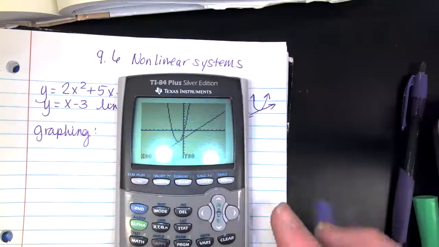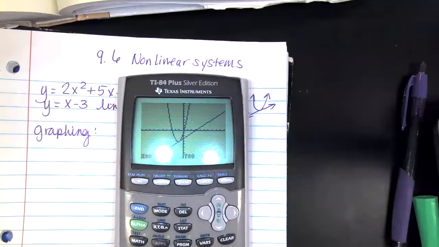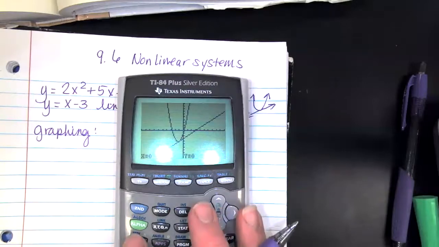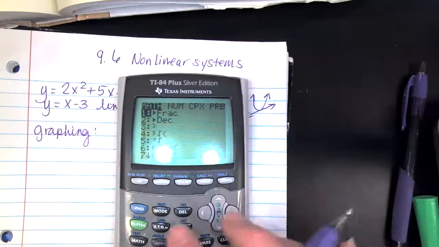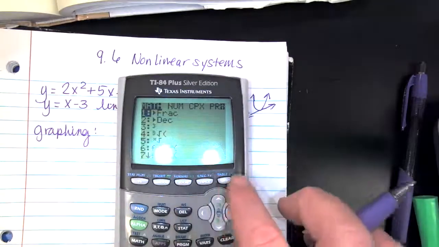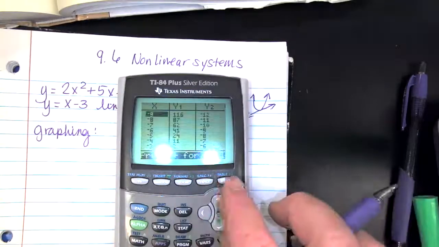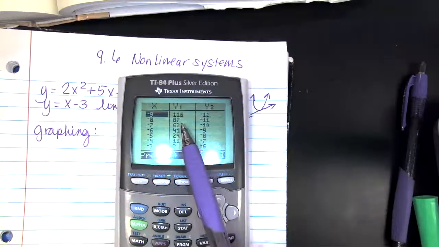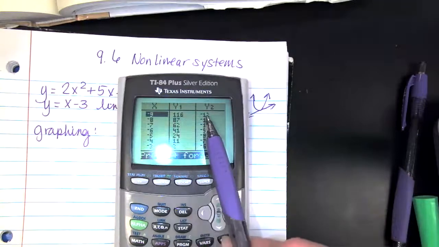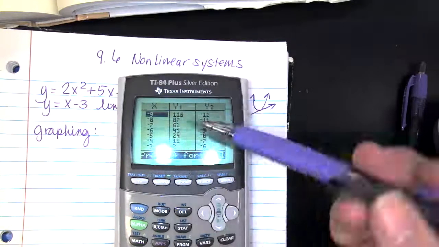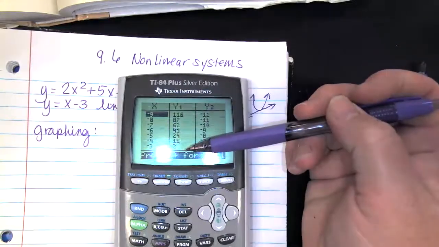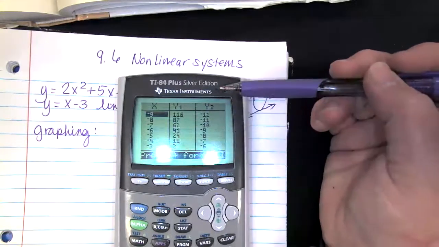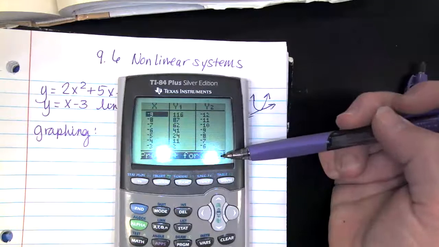Here's how you would check. I'd go to second function, table. Now notice that you have two different y values. Your first y value here was your parabola, and your second y value here is your line.